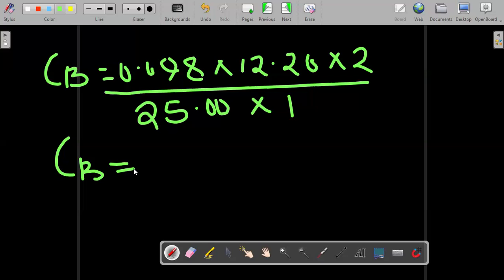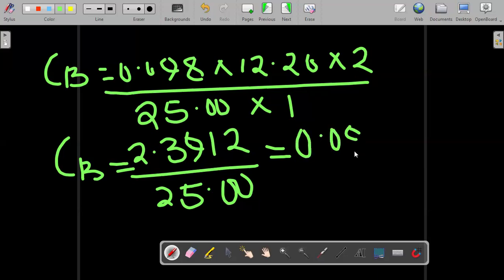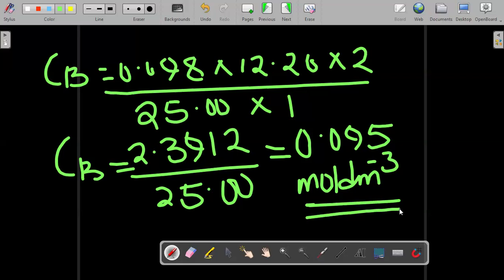I will now divide by 25. The answer is 0.095 mole per dm cube. That's the concentration of the base.